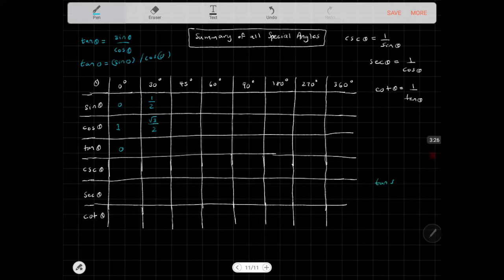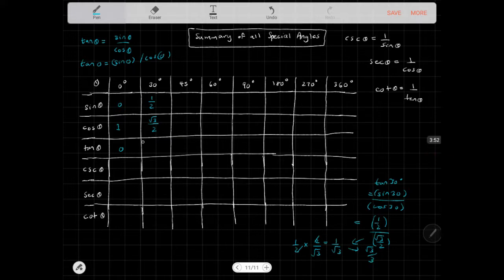So tan 30 degrees should be equal to sine 30 divided by cosine 30, which is basically equal to 1/2 divided by square root 3 over 2. If I simplify that, 1/2 times 2 over square root 3, so you actually get 1 over square root 3, which we simplified as square root 3 over 3.